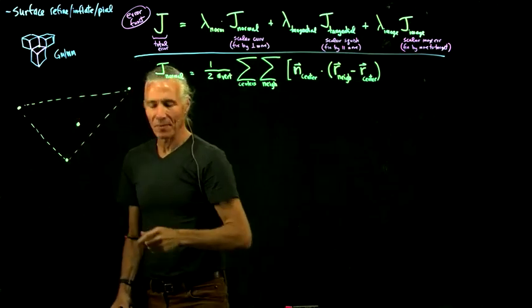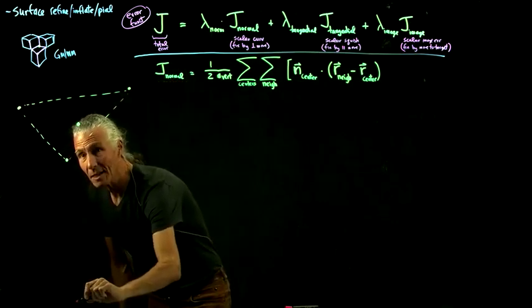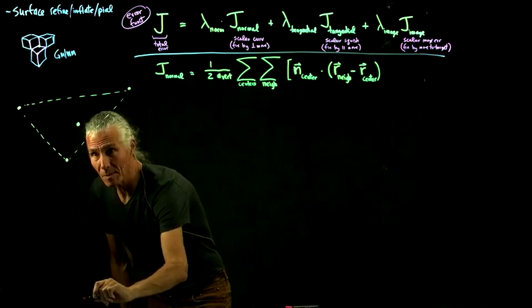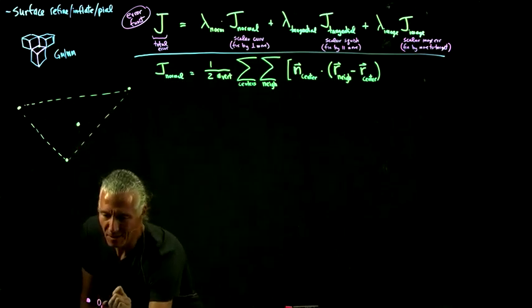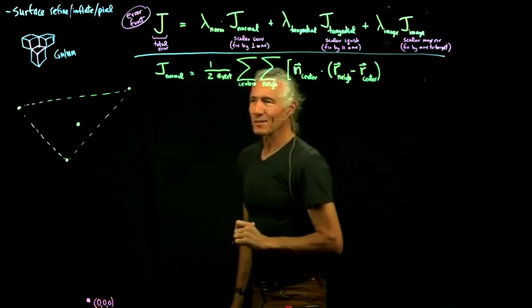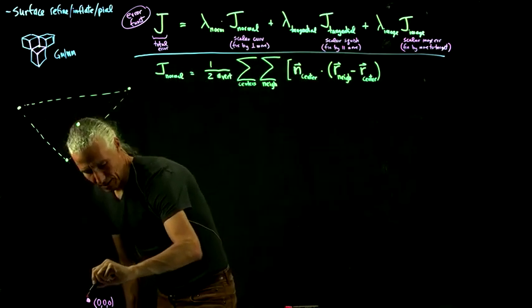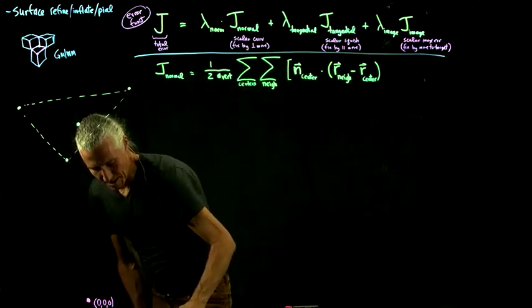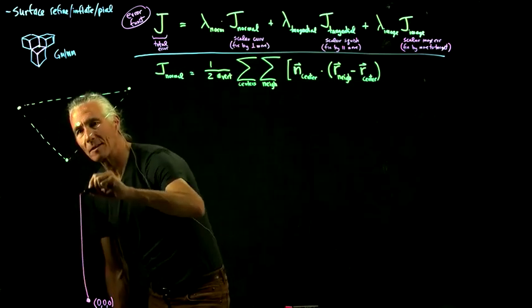So let's put the first vectors in there. So if here's the 0 of the coordinate system, let's put it right there. So that's 0, 0, 0. So that's the center of the brain. And so here's a vector going to the center.